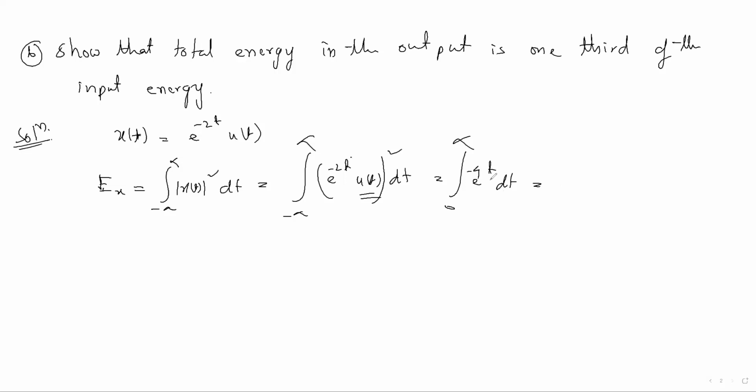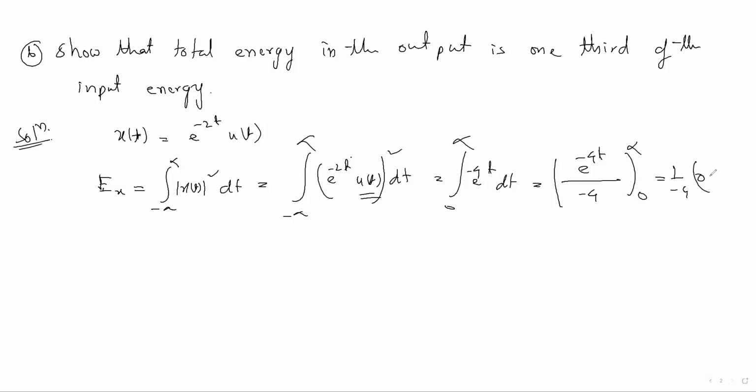Okay, so if you solve this, it is e to the power minus 4t by minus 4, from 0 to infinity. So 1 by minus 4. When you put infinity here, it becomes 0.